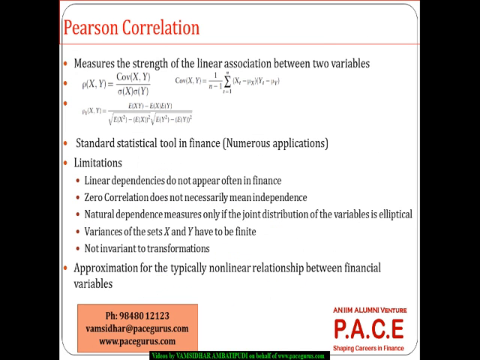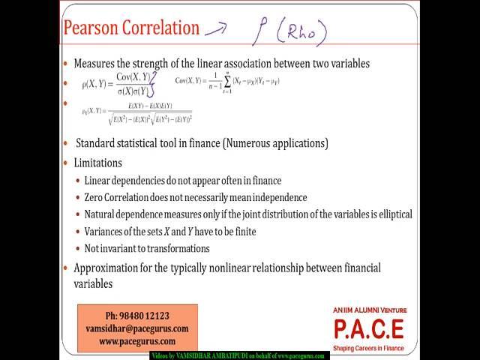So just to understand the different correlation coefficients, the first one, which we always use in various aspects, is the Pearson correlation coefficient, denoted by rho, which talks about the strength of the linear association between two variables. More commonly we denote it by the covariance between the two variables divided by the product of their individual standard deviations.